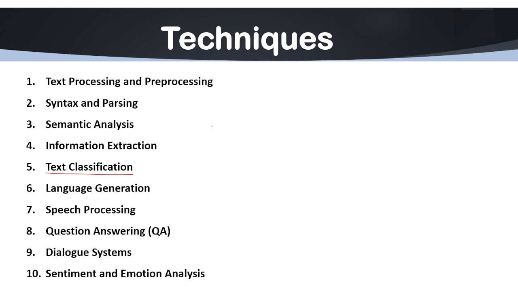Next point we have is text classification. So it is basically used to categorize text into predefined groups. Text classification helps to categorize text into predefined groups. All clear? So under this we have basically three techniques.